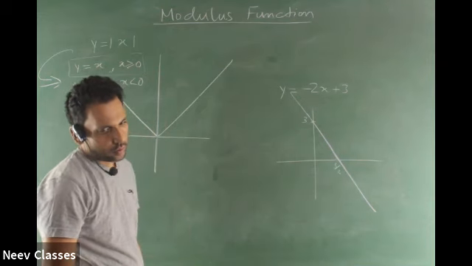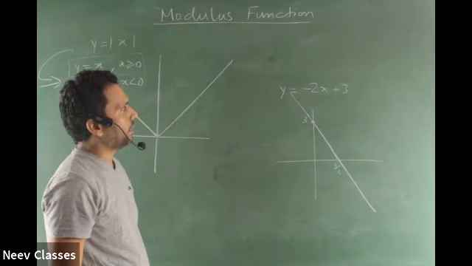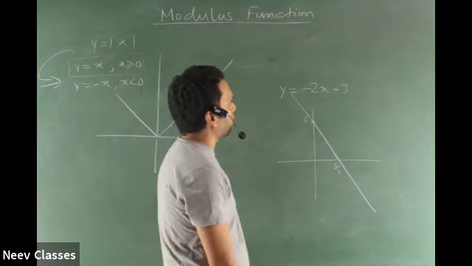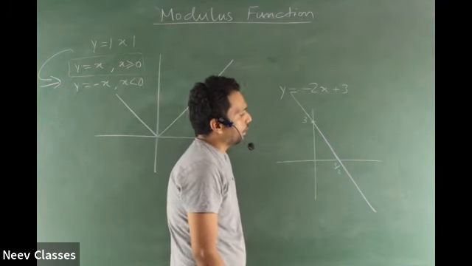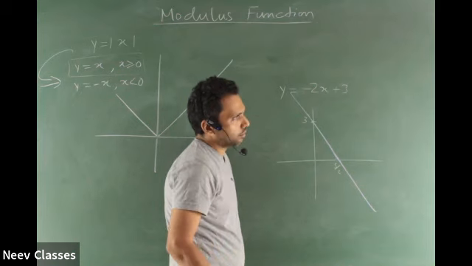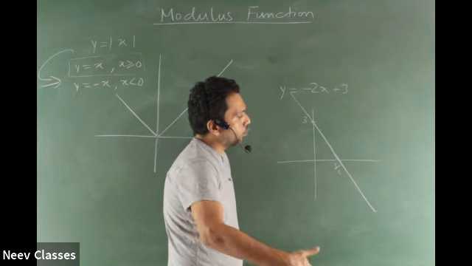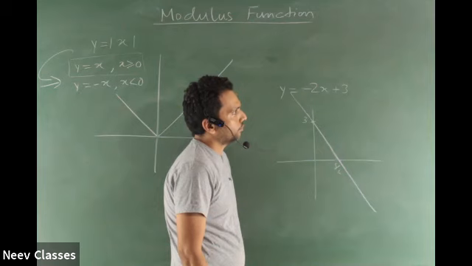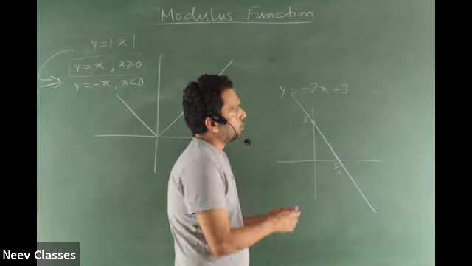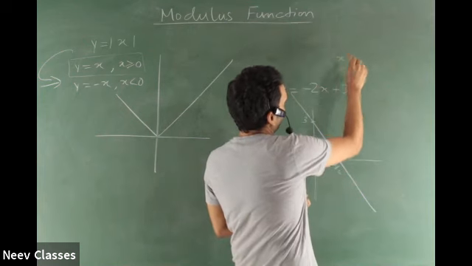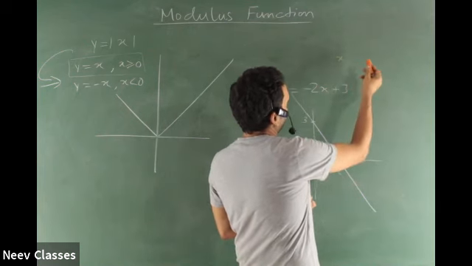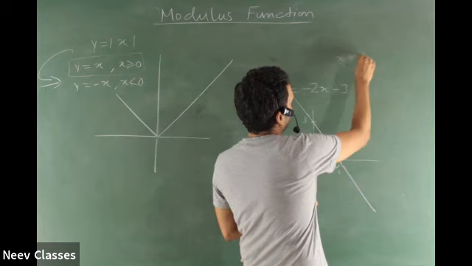Then I say that this graph was valid only for minus infinity till say 1. So x was valid only from minus infinity till 1. So x was less than 1 all the time.